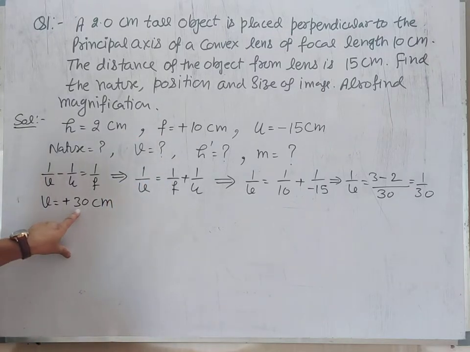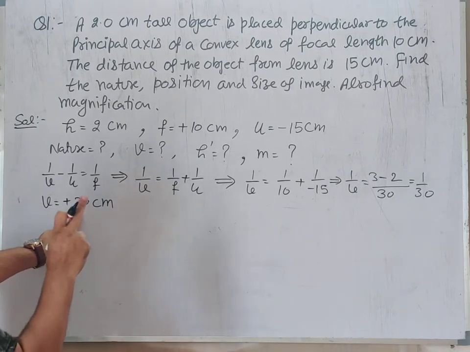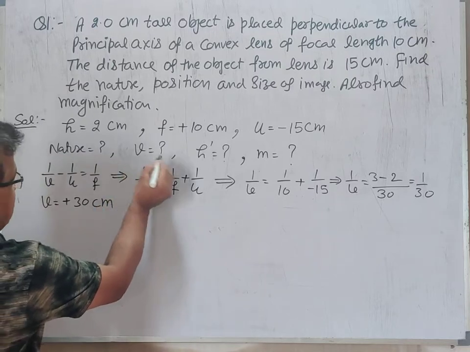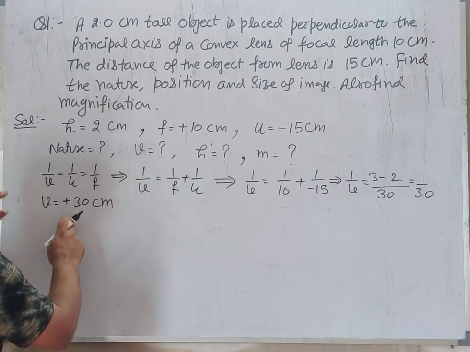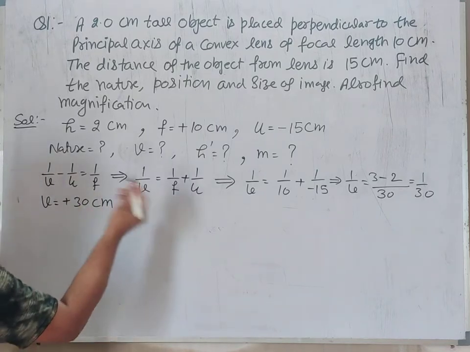So what is the meaning of plus 30 centimeter? It is a convex lens, therefore the image will be formed at 30 centimeter on the other side of the lens.